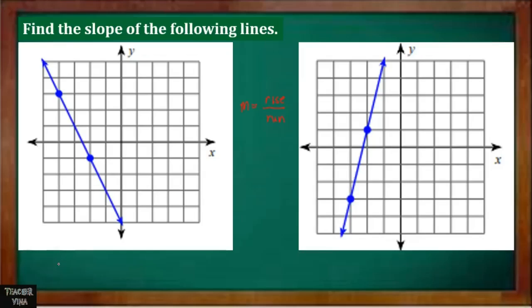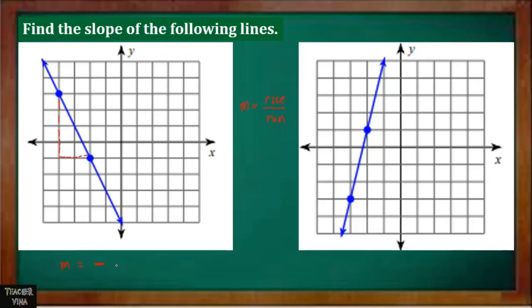Okay. So, for the first graph, tignan muna natin yung direction ng line. Since the direction niya ay downhill, therefore, we will have a negative slope. And then, again, let's connect these 2 points. I can draw a triangle.